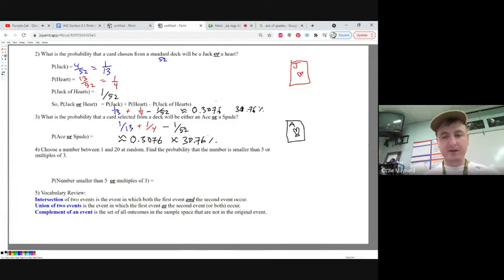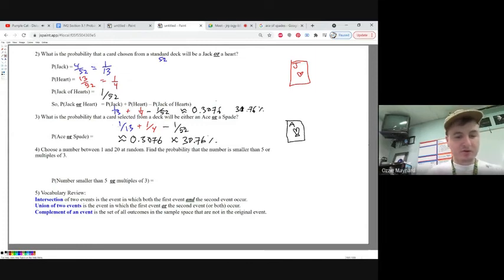Okay, problem number 4 says choose a number between 1 and 20 at random. Find the probability that the number is smaller than 5 or a multiple of 3. So, okay, let's see which numbers are smaller than 5. I'll go ahead and put that in blue. The numbers that are smaller than 5 are 4, 3, 2, and 1.